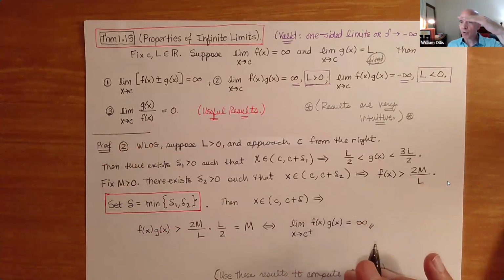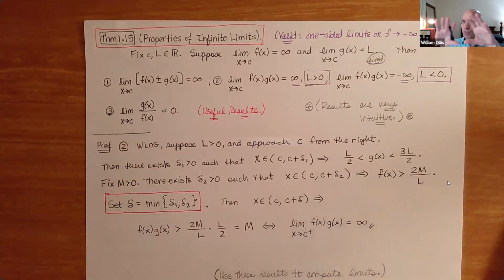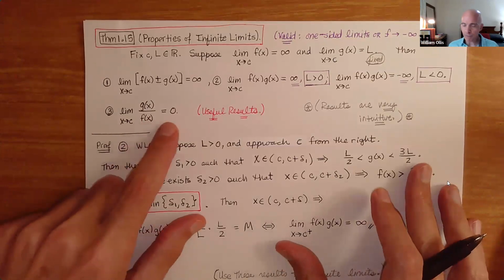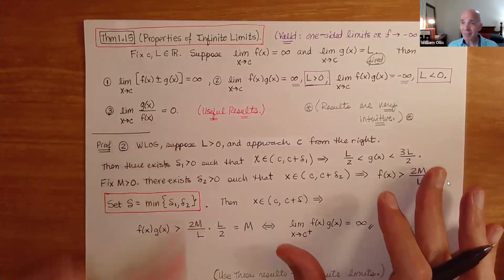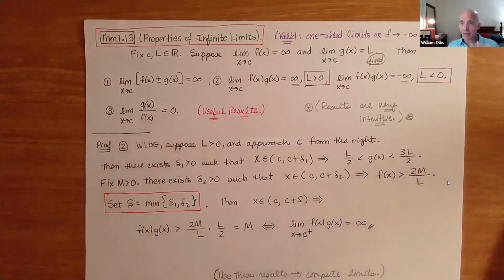If the numerator has a value that becomes fixed or starts to settle as x approaches c, but the denominator becomes infinite, then that's where the denominator takes over and the quotient converges to zero, in the sense that with a fixed numerator and the denominator becoming larger and larger and larger, the value of the fraction gets closer and closer and closer to zero.